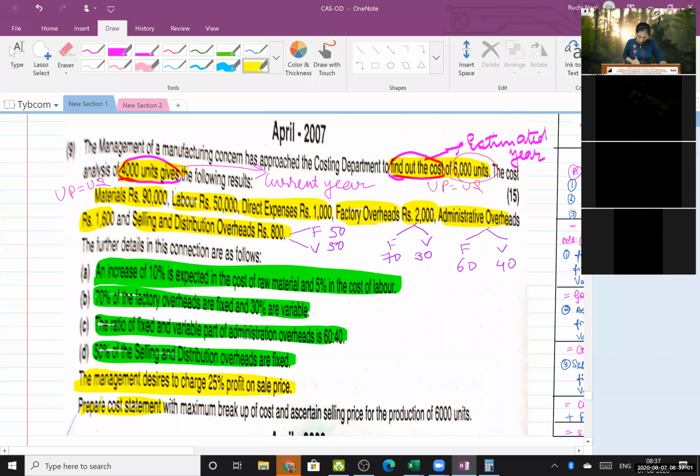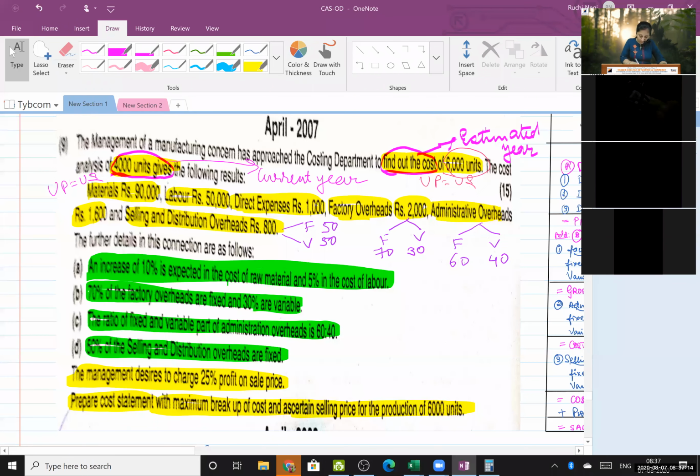Prepare a cost statement, that is a cost sheet, with maximum possible breakup of cost and calculate the selling price for the production of 6,000 units. Is the question clear to everyone?